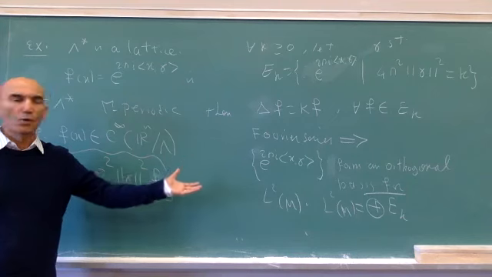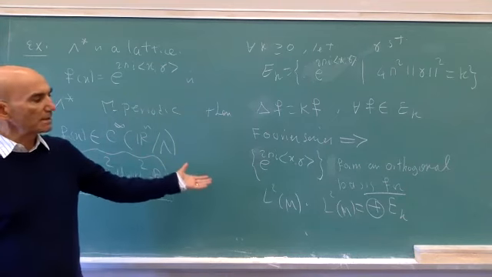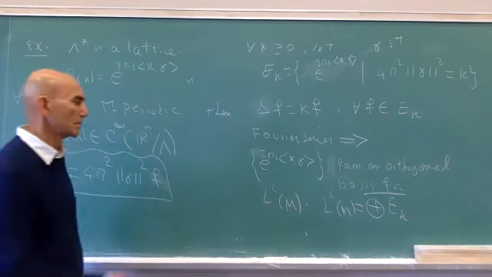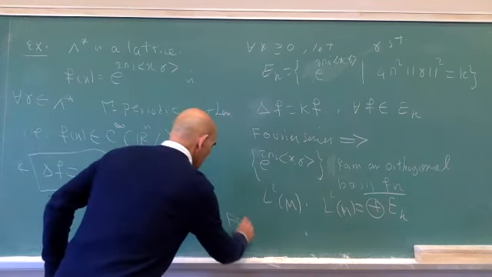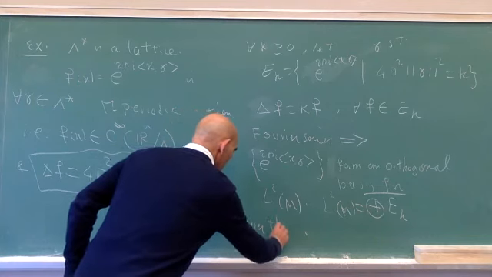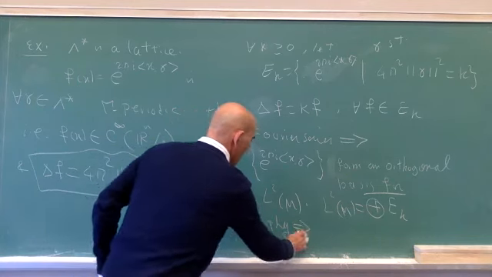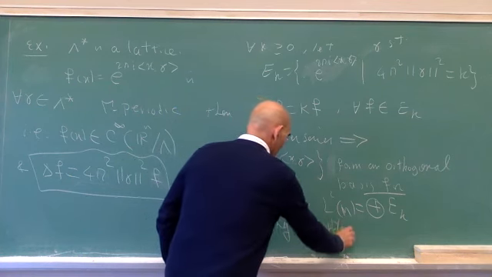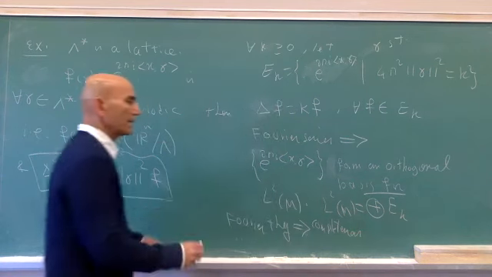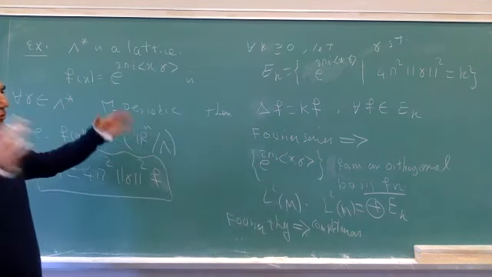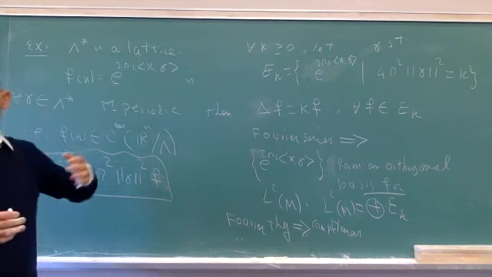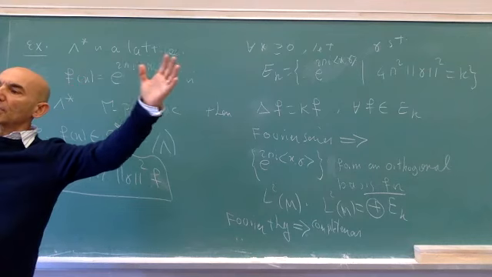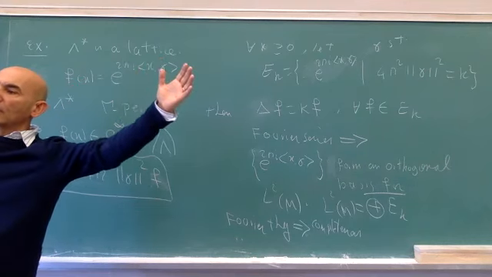So completeness in this case is just a consequence of Fourier theory. Also, the fact that these eigenvalues go to infinity is clear, because in a lattice, the dual lattice is also a lattice, so you can pick larger and larger points that are farther and farther away from zero.